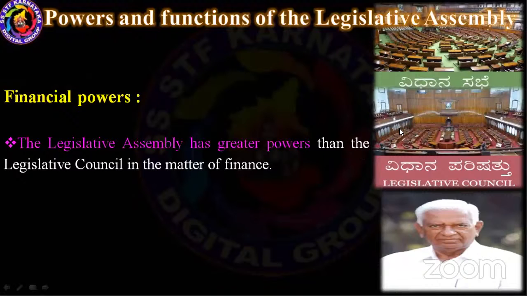It means they first discuss the financial bill in the legislative assembly regarding its issues, subject, and benefits, and later it is sent to the legislative council. There also they discuss that financial bill, and then they send it to the governor to take the signature.